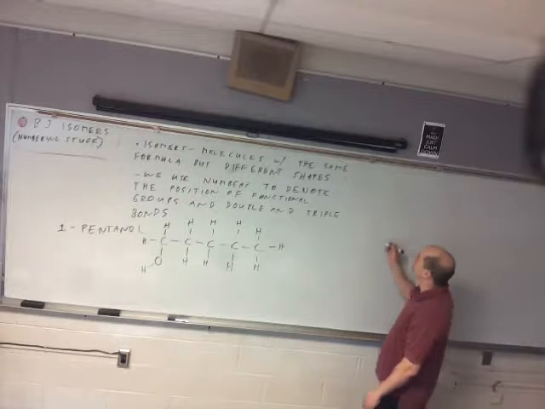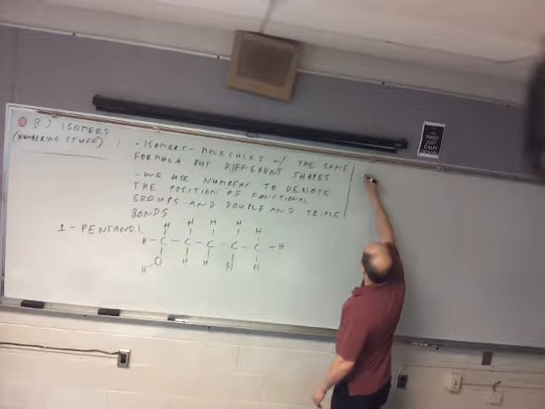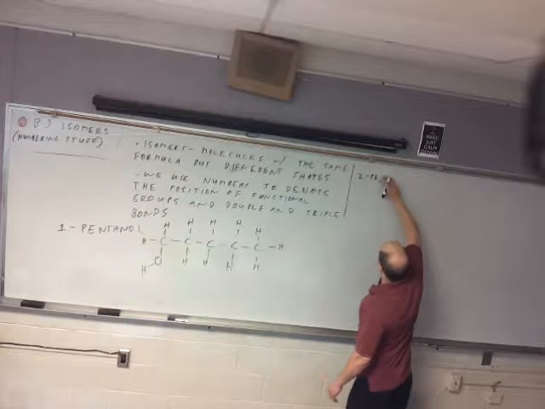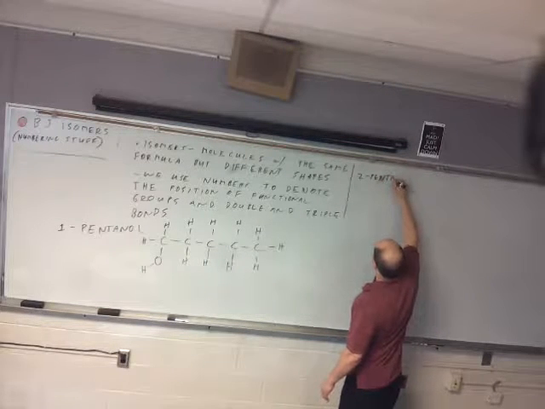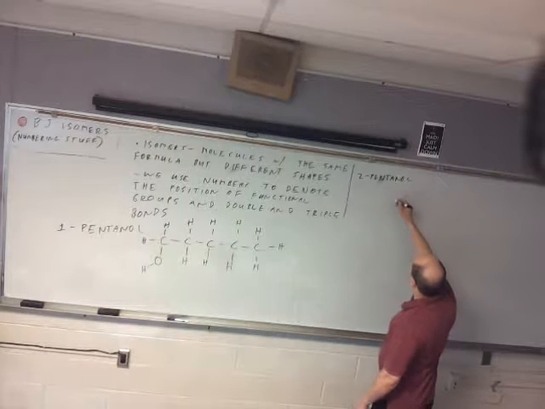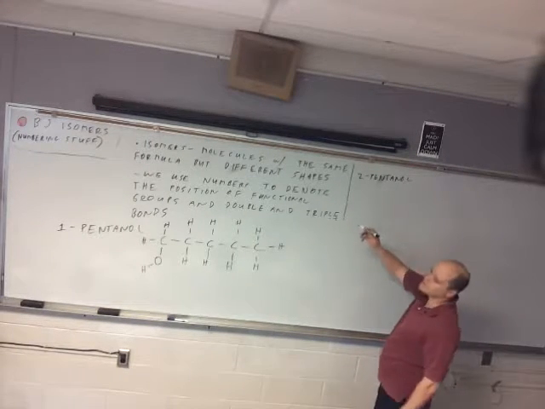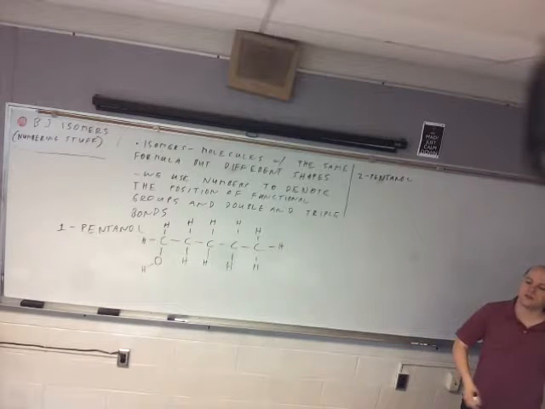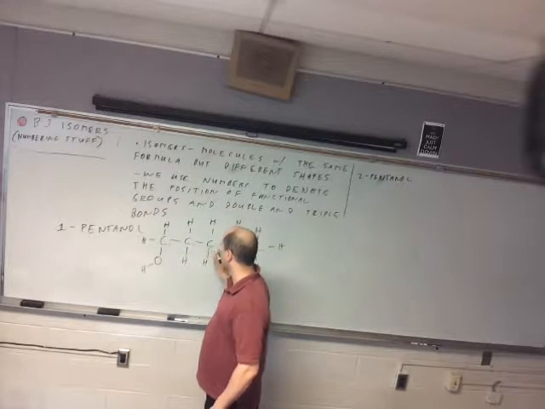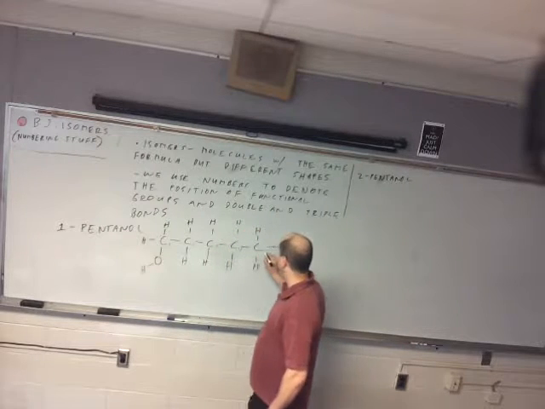Alright, next we're going to draw 2-pentanol. So again, we're going to have 5 carbons. We're just going to put the oxygen on the 2nd carbon. So in this drawing, this is the 1 carbon, this is the 2 carbon, this is the 3 carbon, 4 carbon, and 5 carbon.